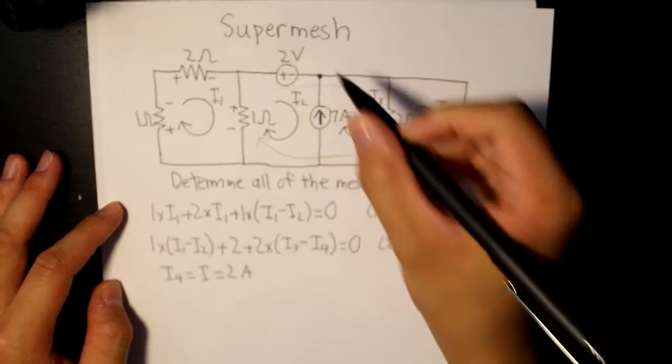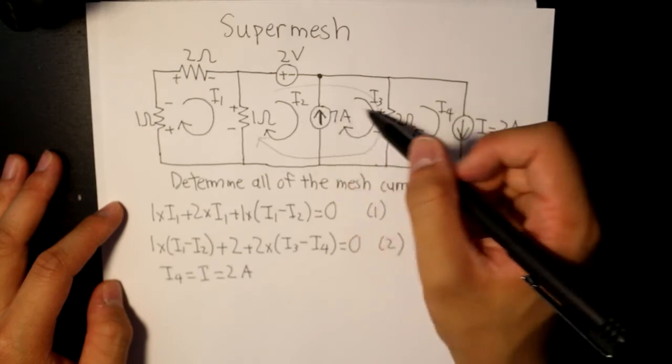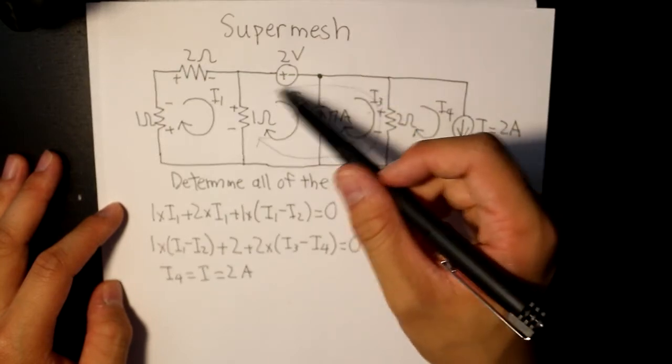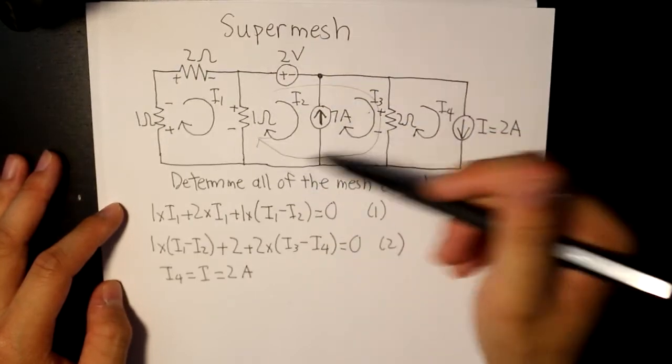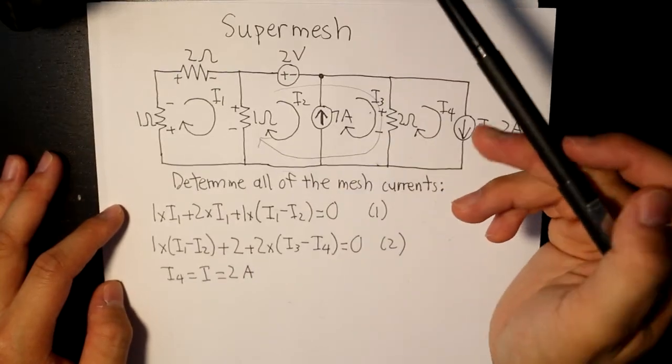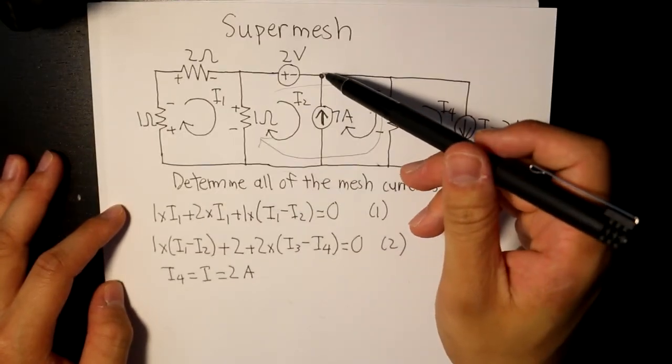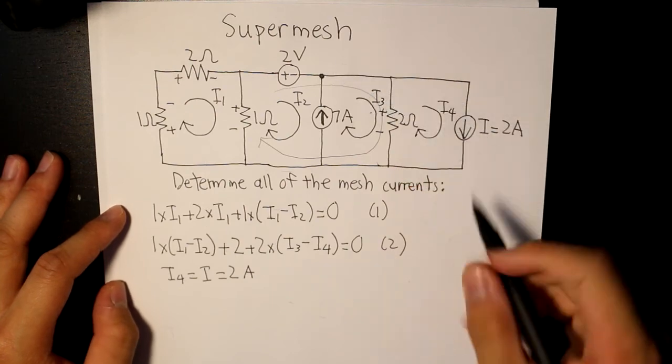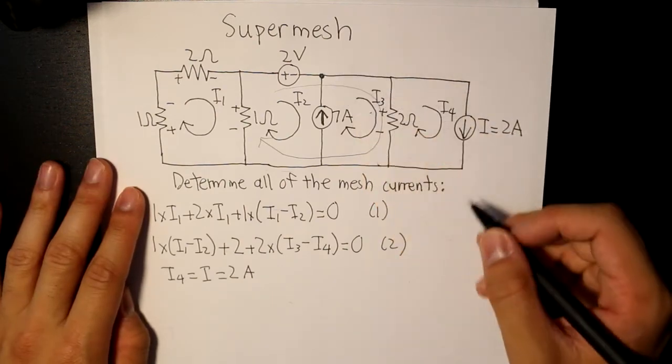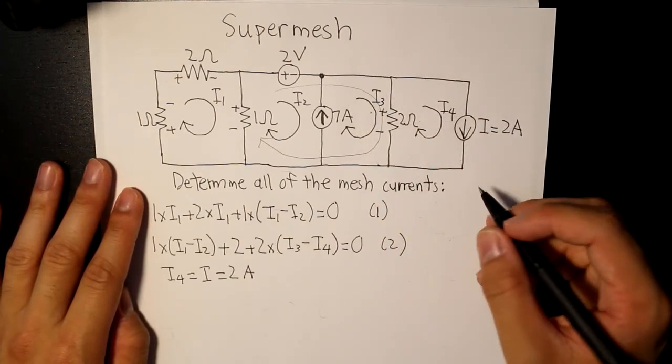Well, these are our 2 sub-mesh currents, part of that big supermesh space. So we're going to have to apply the node on top. So we have that node right here, and then we're going to apply that KCL method, as I've said before.